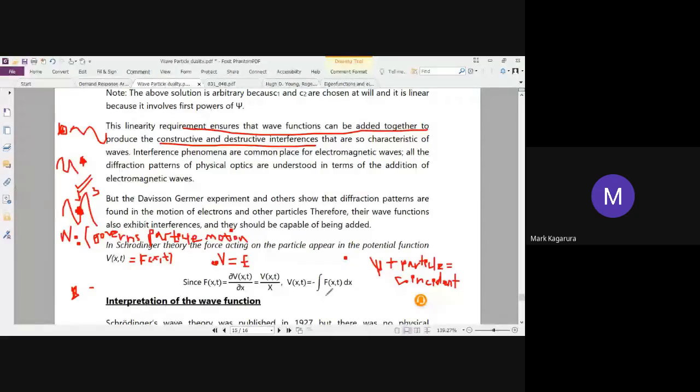So this force is a bit like the electric field. Is it?